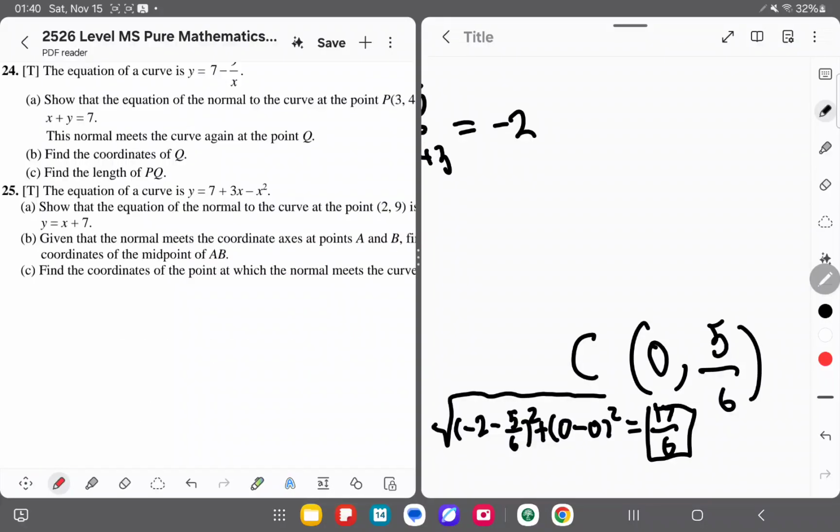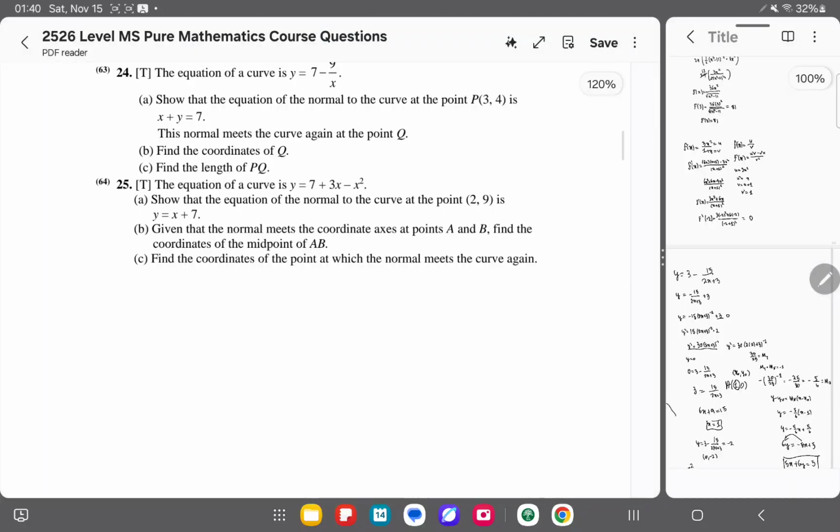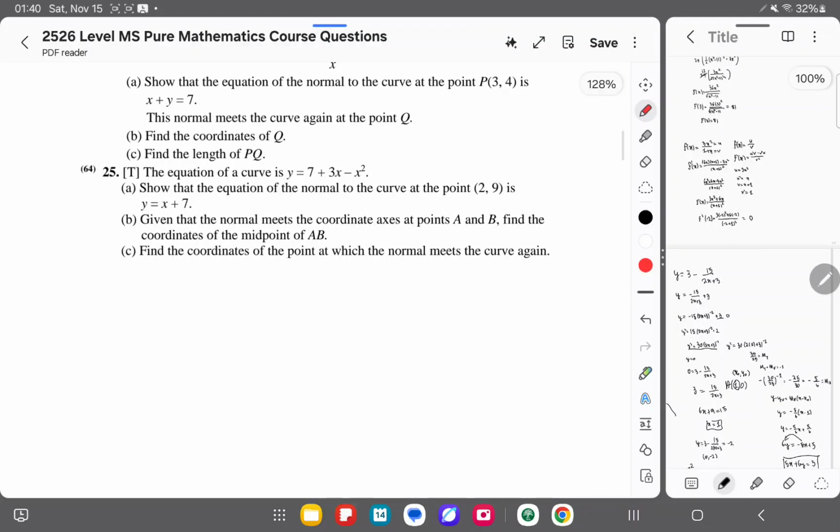Okay, so I'll be doing my final question, question 25. However, this time I'll just be using entirely this side. So question A, they give us the graph y is equal to 7 plus 3x minus x squared. They want us to prove that this is the formula for the line of normal at x equals 2 on the curve, on the parabola.